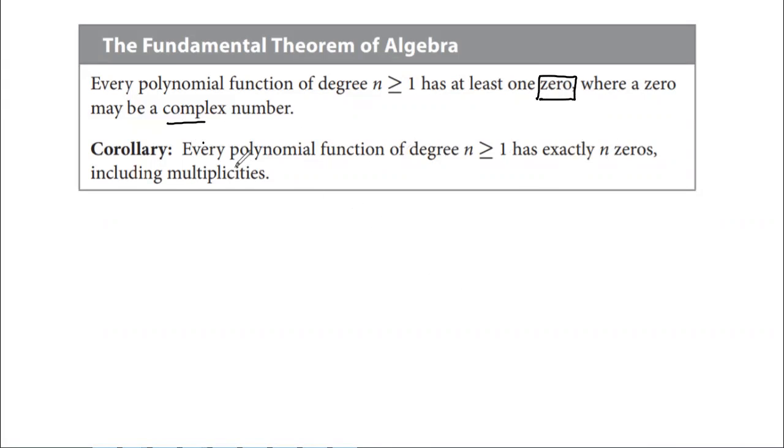This means that for every function that has a degree greater than 1, we have exactly n zeros. So that many solutions.